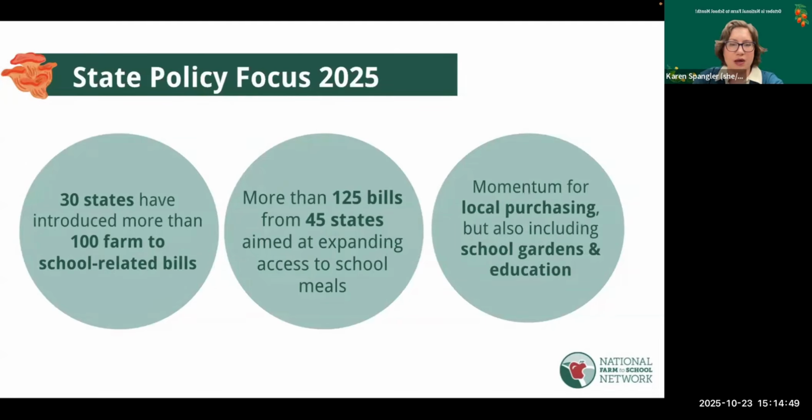So a lot of these surrounded momentum for local purchasing and continuing to support or expand local purchasing, but also including school gardens and education and the really comprehensive pillars of farm to school and farm to early care and education. So it's really a unique time for states to be able to shine.